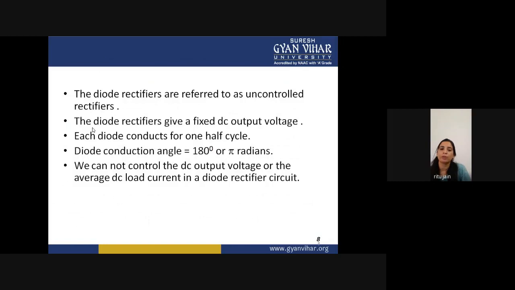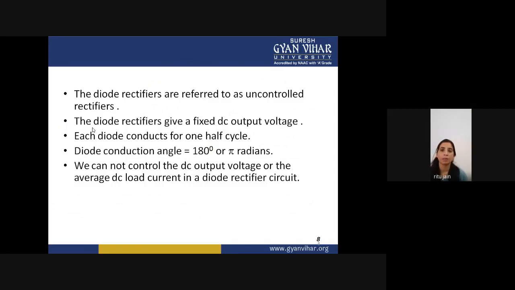If you are using an uncontrolled rectifier, or simply a rectifier, then you are using diodes, because a diode is used to convert AC to DC, but you cannot control the output of this rectifier because you are using diodes.